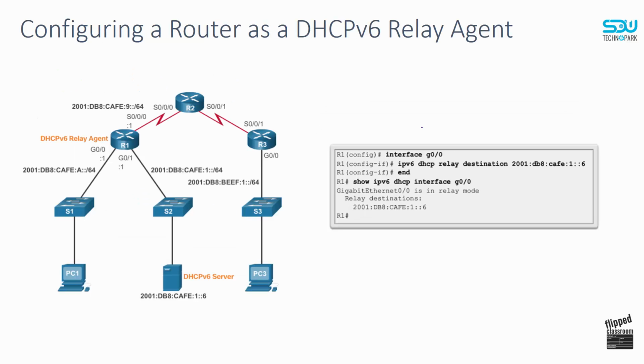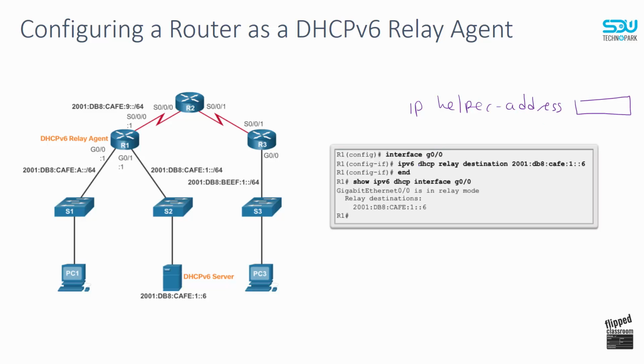Alright, and the same configuration can be done for the relay agent. We can redirect our DHCP broadcasts by using IP version 6 DHCP relay destination. Previously, in IP version 4, it was configured as IP helper-address and then the IP address of the DHCP server.